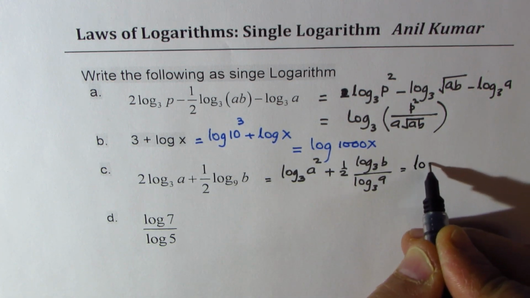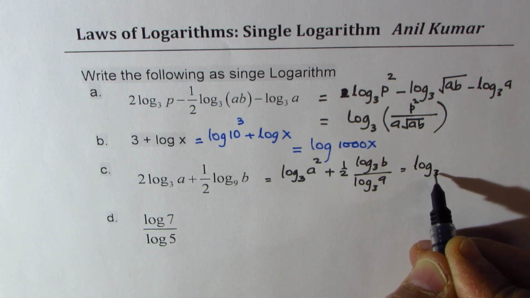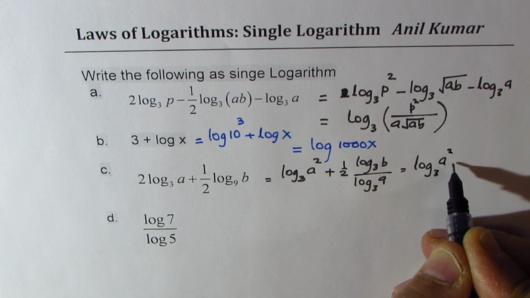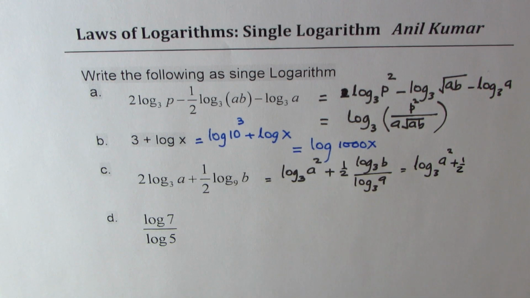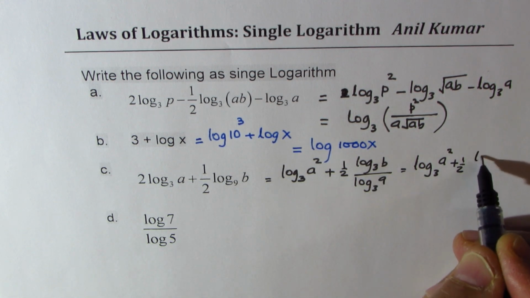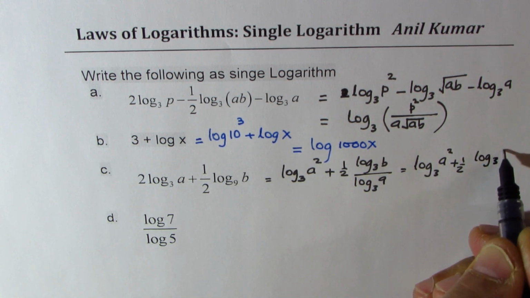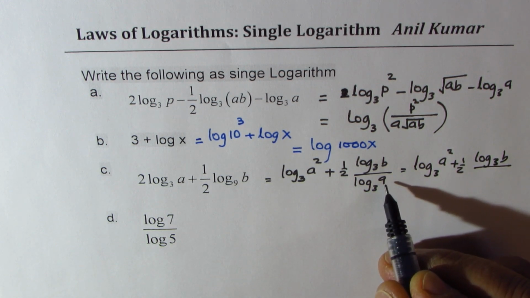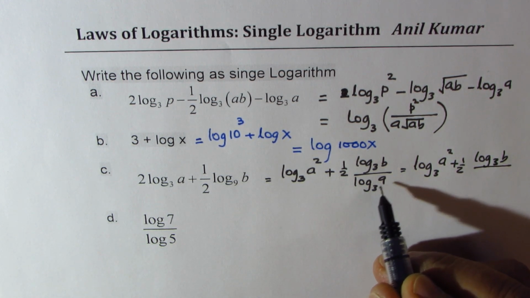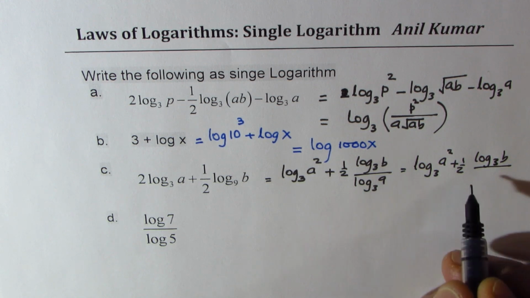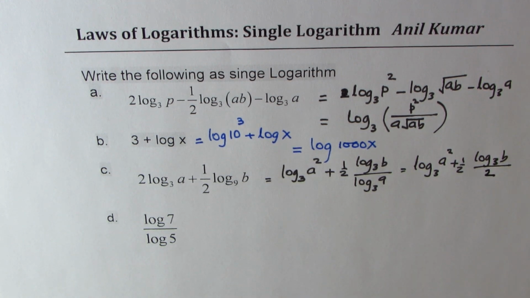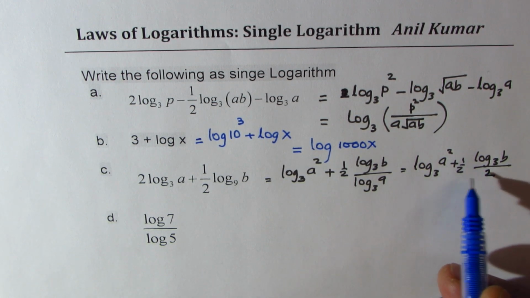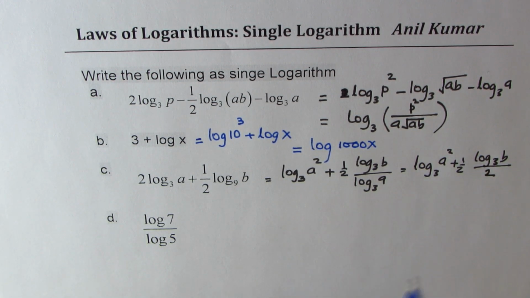Now let's simplify this. Log to the base 3 of a square plus half times, this is log to the base 3 of b, and the denominator, 9 is 3 square, right? So 9 is 3 square, so that gives you 2 in the denominator, correct? Now taking that 2 and multiplying by this half, you get 1 over 4, correct?